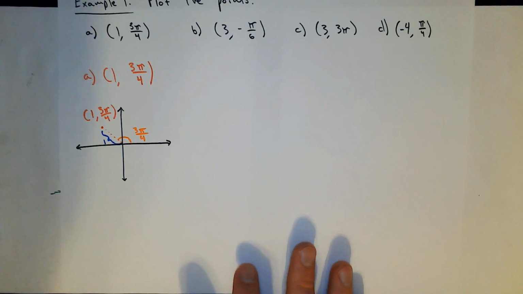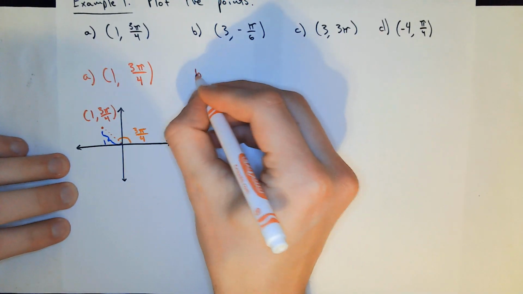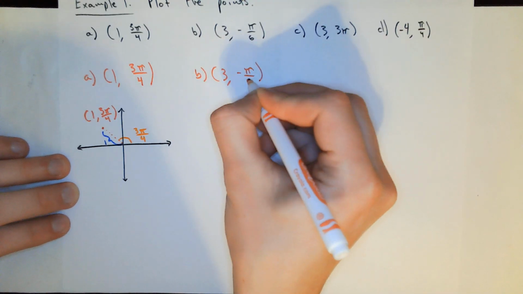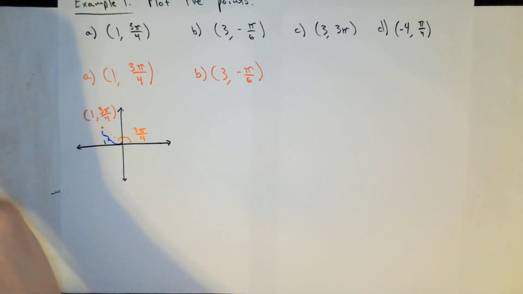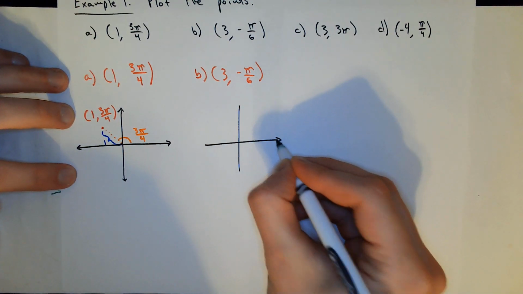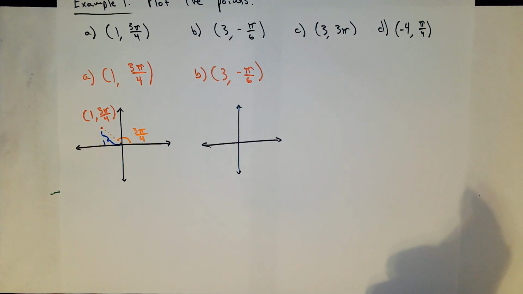All right, let's do these other ones. Part B is 3, negative pi on 6. Radial distance of 3 this time.